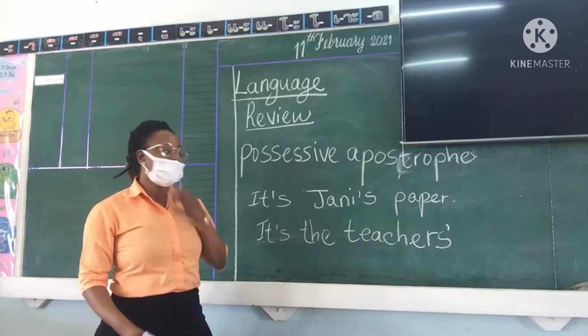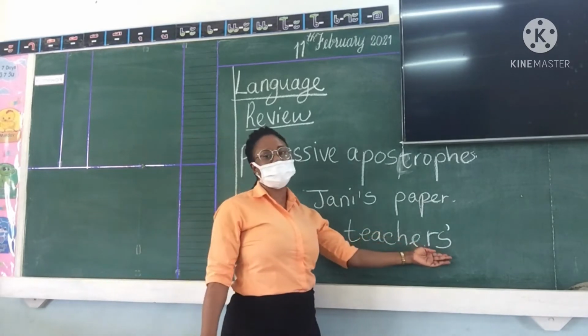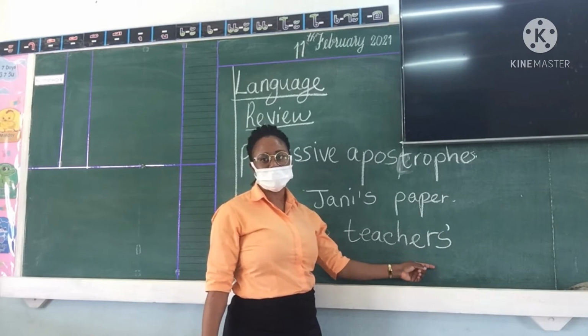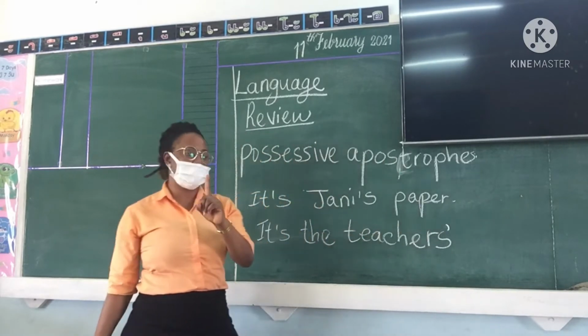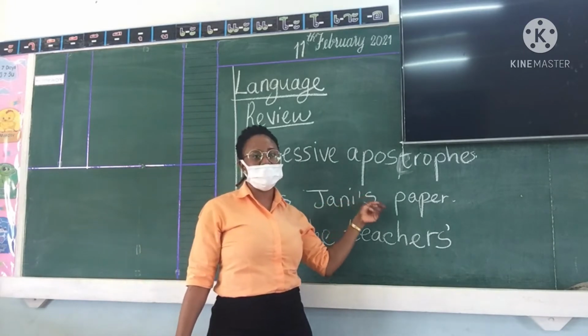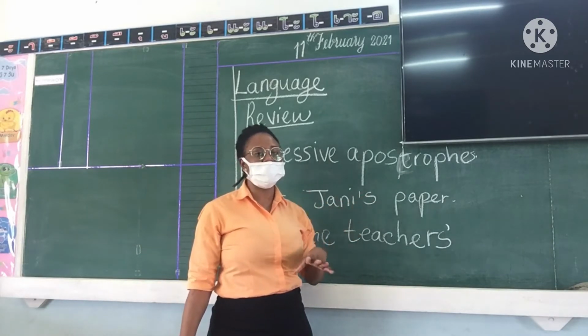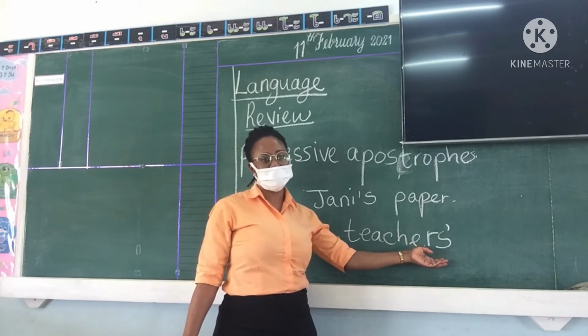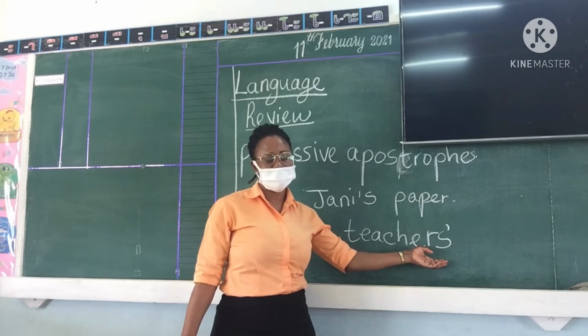Okay? Because teachers have S already, we don't need to add another one. Understand? So if it's one person who owns something, we say apostrophe S. But if more than one, S apostrophe. Do you understand?